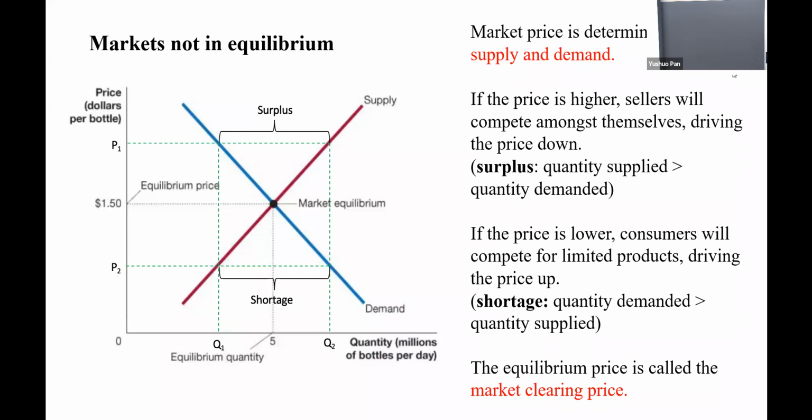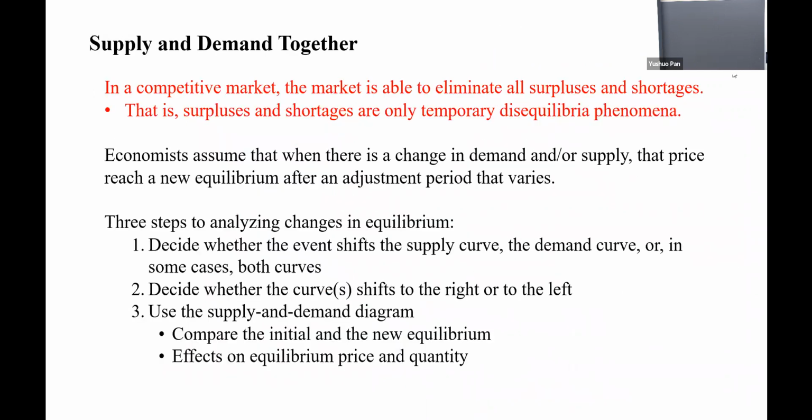If there is a shortage, the price is lower, then buyers are going to compete with each other to pay a higher price. But in the end, the price will be the equilibrium price. And that means the surpluses and the shortages are only temporary disequilibrium phenomena. That will not last long, but only under the competitive market.